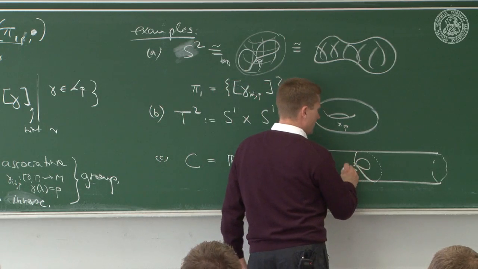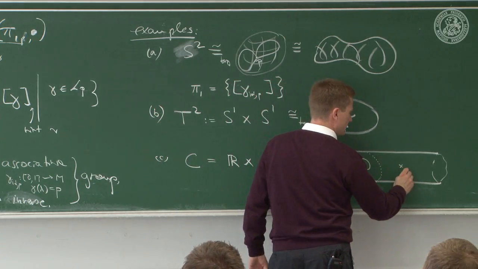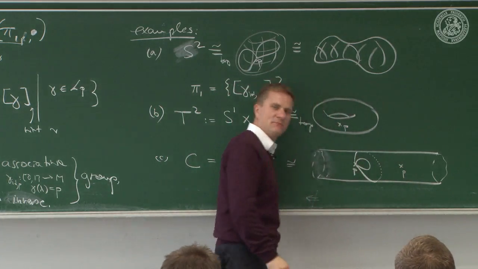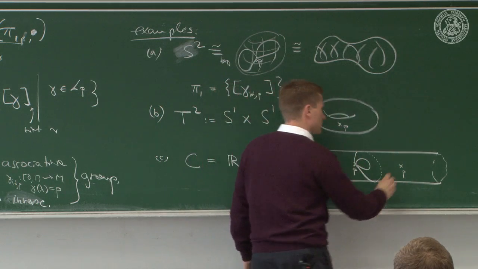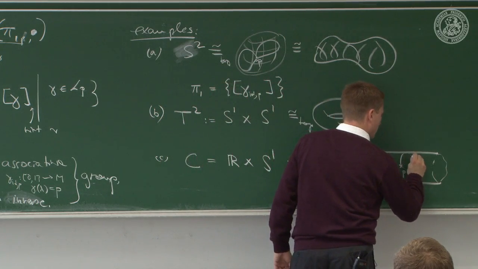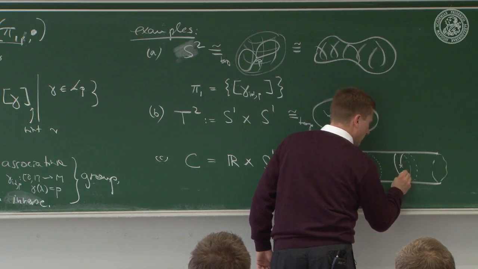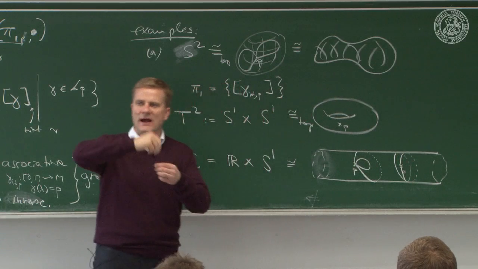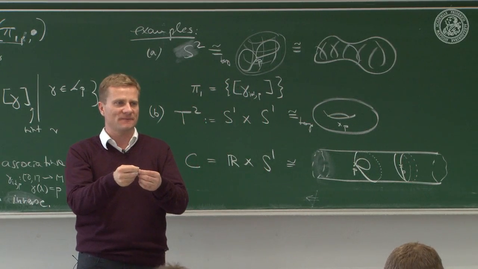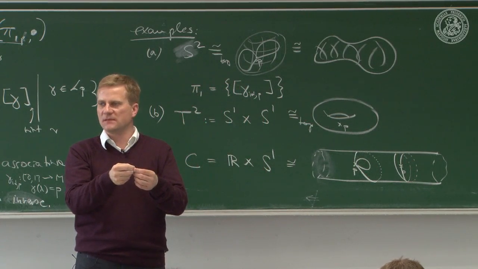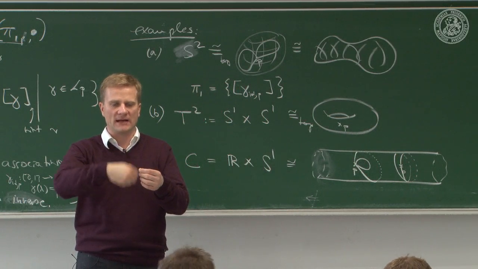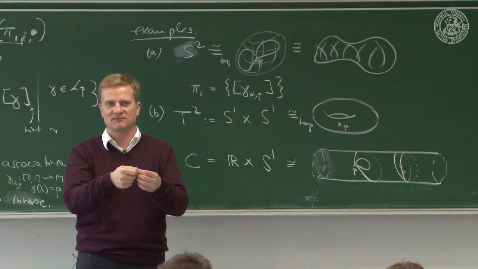But now I can do another thing. I take another point, but you see that in principle it's the same point, it's just for my picture. You can go around once, and then you go around a second time, and only then you return. So you wind around the cylinder twice. Can you deform this into the curve that winds around the cylinder only once?